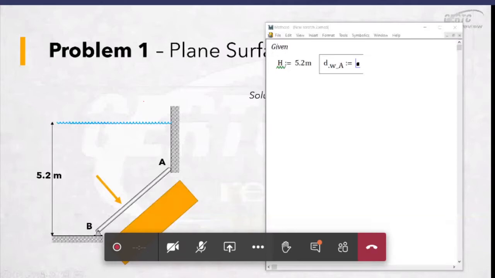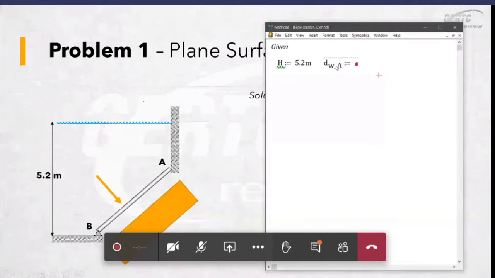We have the distances: the horizontal distance is 2.92 meters, and the vertical distance is 2.2 meters above. Alright, so I will go back to horizontal and vertical, guys.